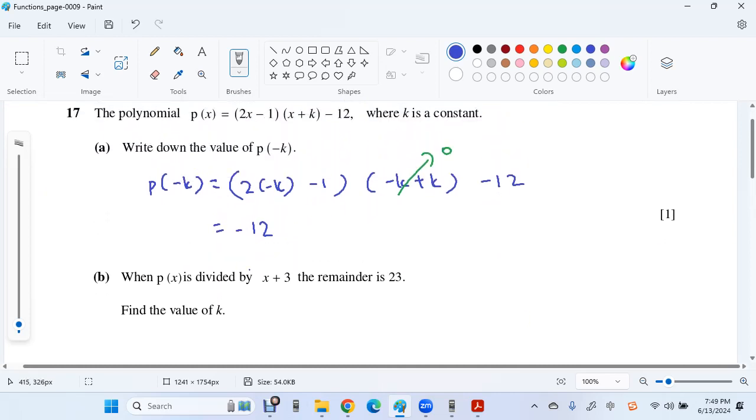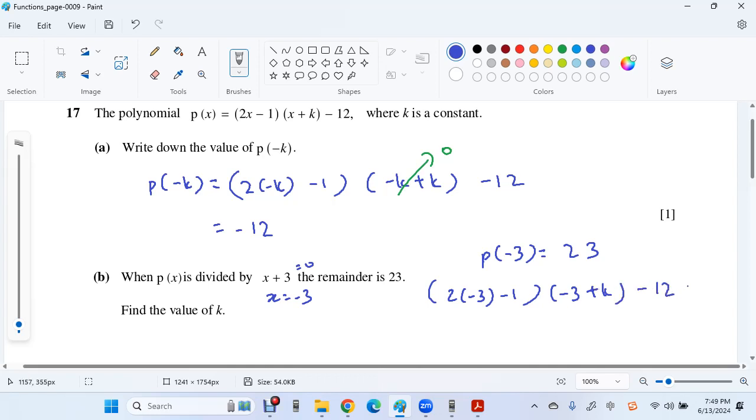B, when p(x) is divided by x plus 3, the remainder is 23. So x plus 3 equals 0, x equals -3. So we have p(-3) equals 23. So (2(-3) minus 1) times (-3 plus k) minus 12 equals 23.